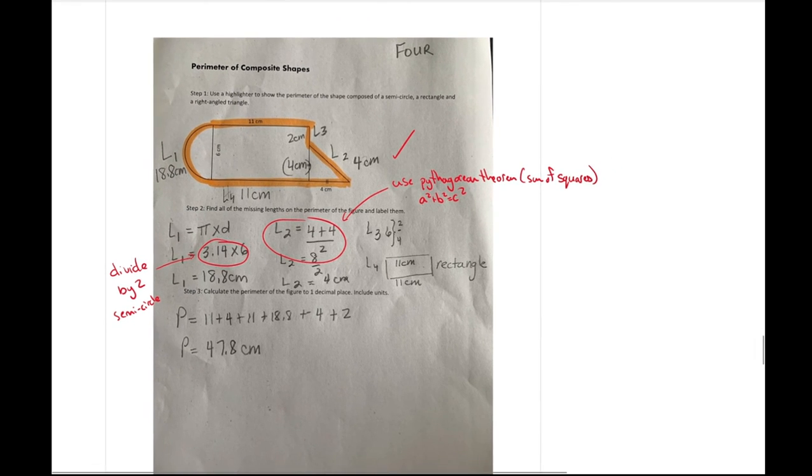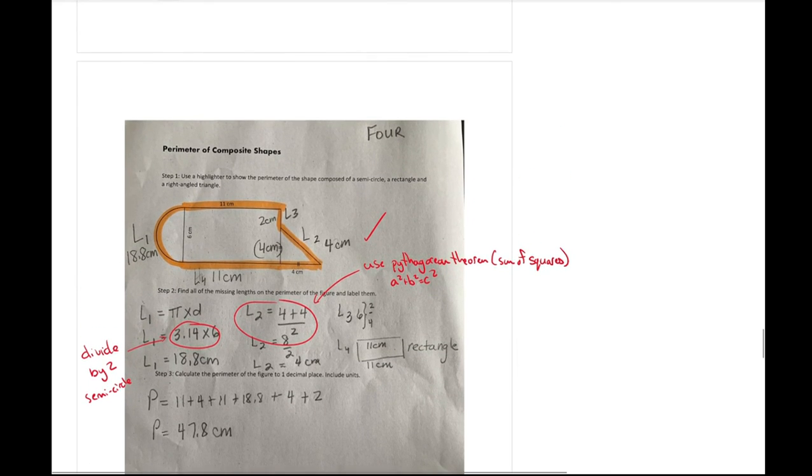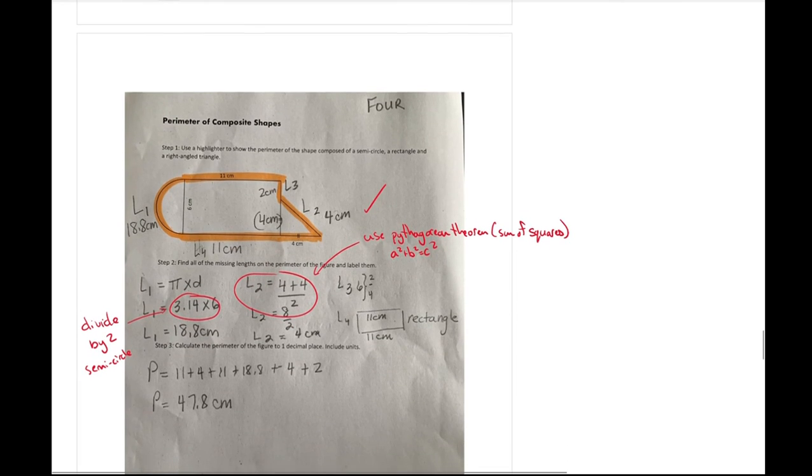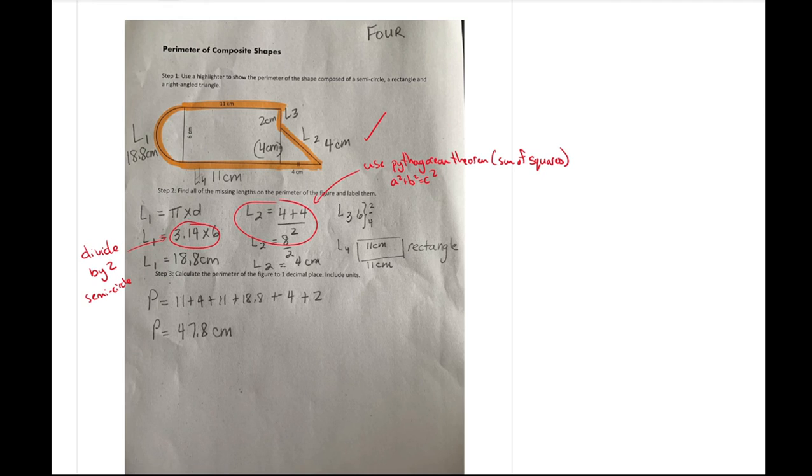Hopefully this gives you an idea of what you might need to include, and some things to watch out for, some common mistakes when dealing with composite figures, especially with circles and semicircles and so on. There are many different types of questions or examples that we could come up with when dealing with composite shapes.